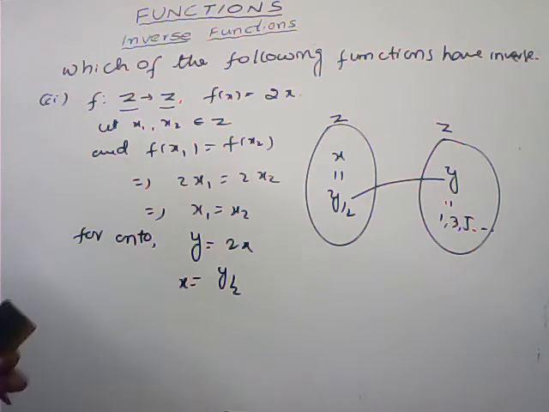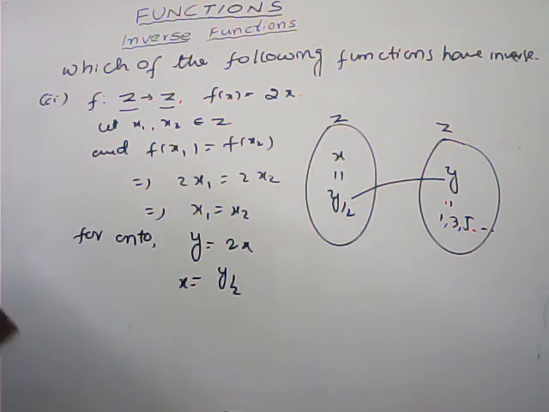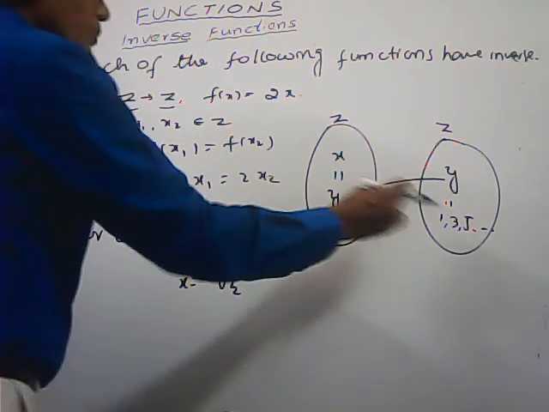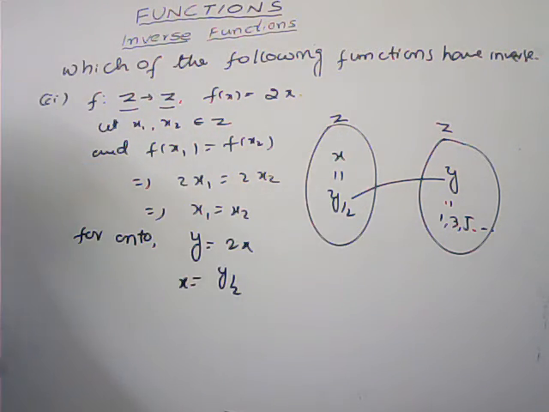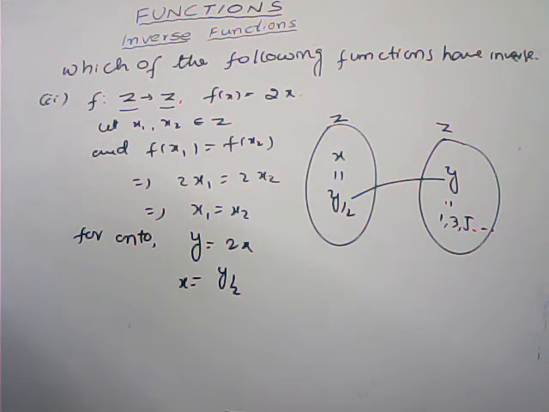The pre-images we are getting, 2n plus 1 by 2, don't belong to z. So at least one element in the codomain doesn't have pre-image, that is not onto only. But here almost all the odd numbers don't have pre-images. So this is not onto.